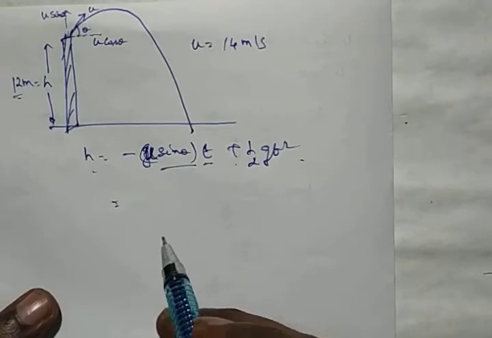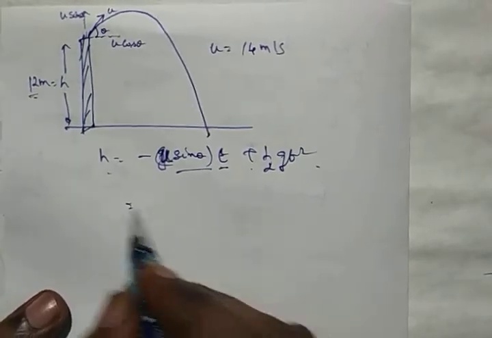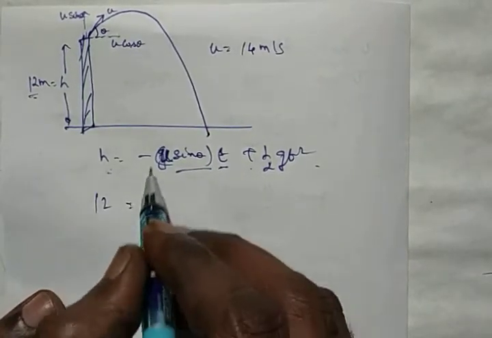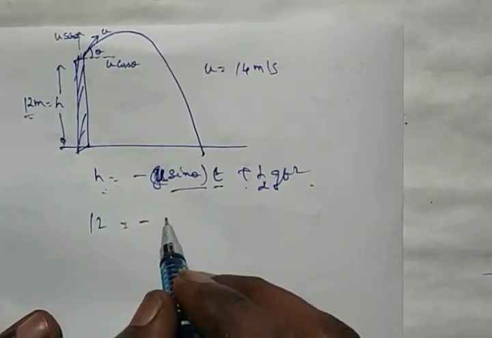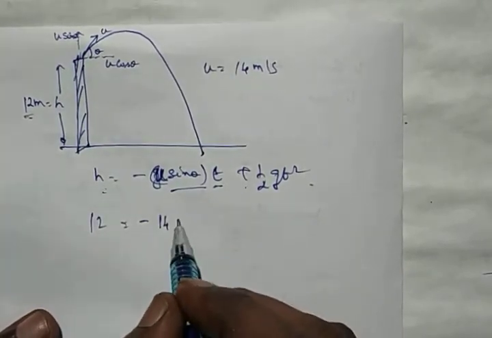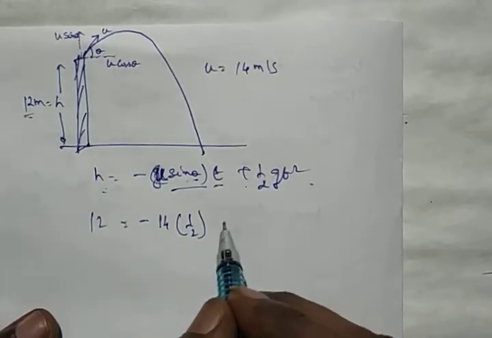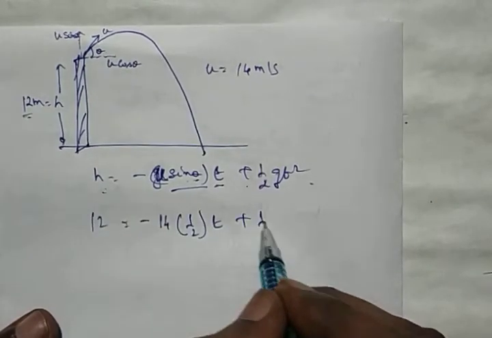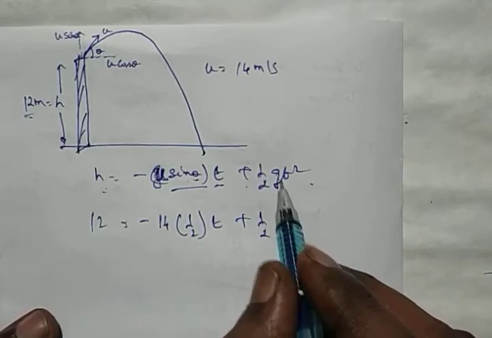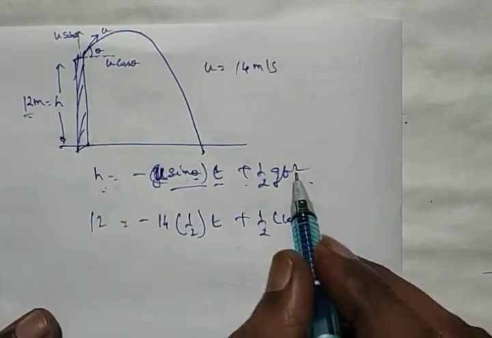Now once you get this, put the values here. h is equal to 12, and this is minus 14 sin 30. Sin 30 is 1 by 2, into t, plus half into g, which is given here as 10, t square.